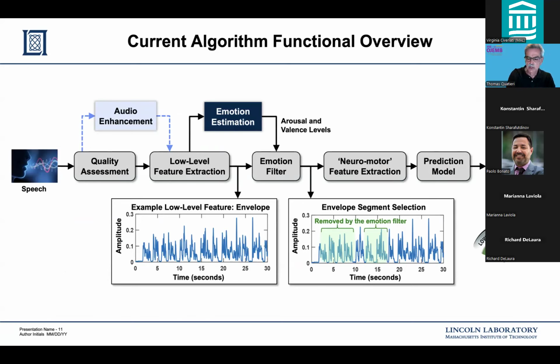We design a filter to pick out those regions that are low valence, high arousal. I'm sorry, low arousal, high valence. We then go one step further and extract features that bring us closer to the underlying neurophysiology of the human. I'm not going to go into the details here, but then these features are used in a predictive model. That's the basic idea. That's our pipeline.